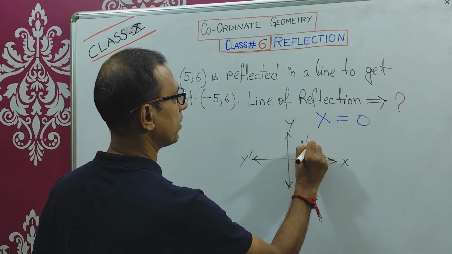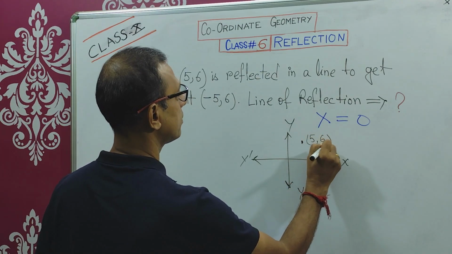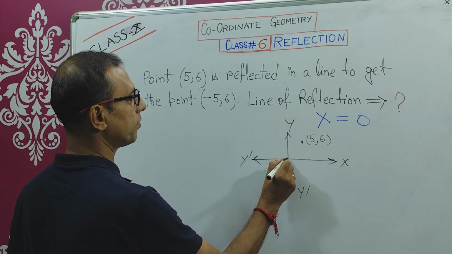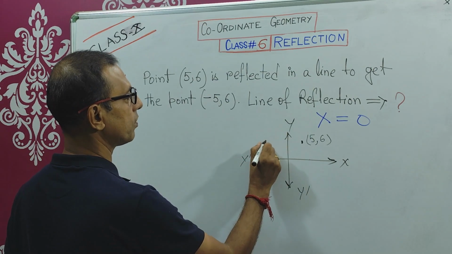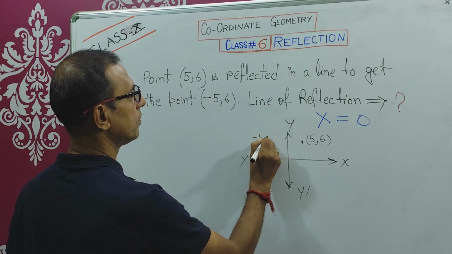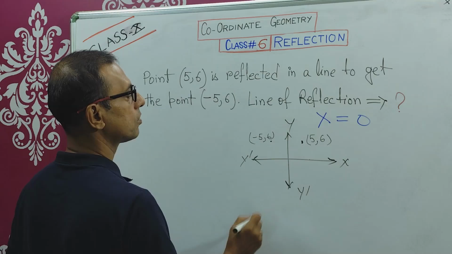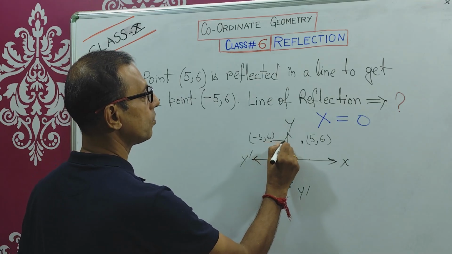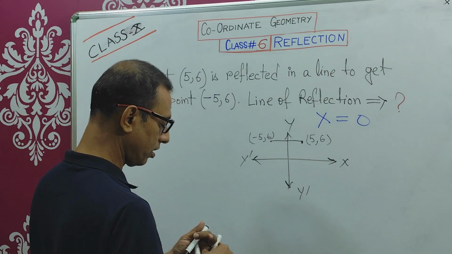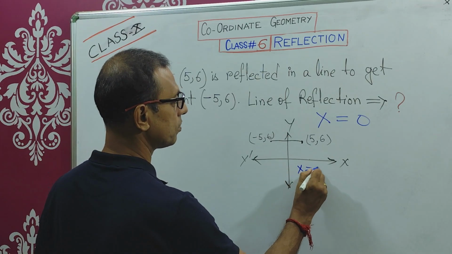This is (5,6). It is reflecting to (-5,6). That means in the second quadrant it is coming. First quadrant, second quadrant. So where is it reflecting? Reflecting on the y-axis. So for the y-axis, what is the equation? The equation is x equals 0.